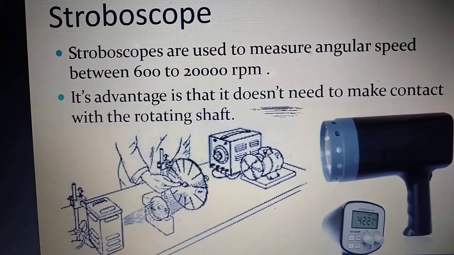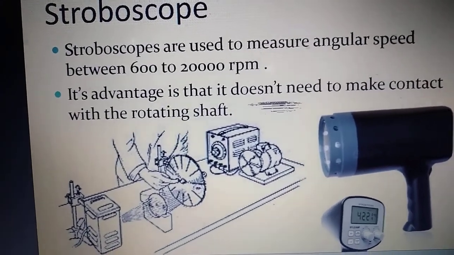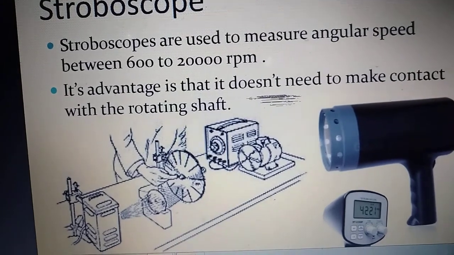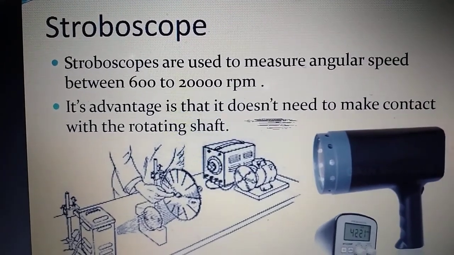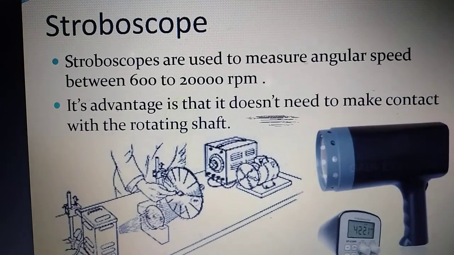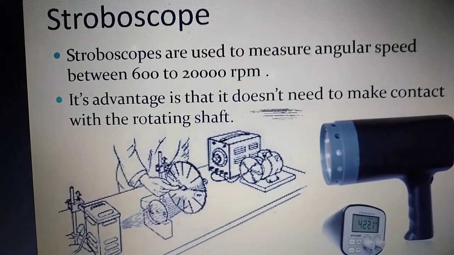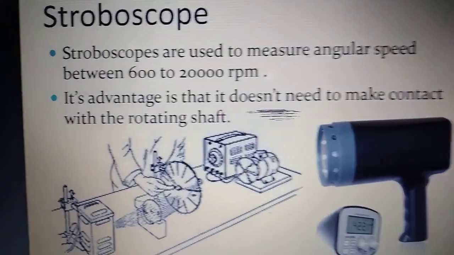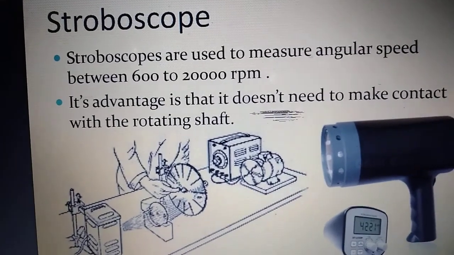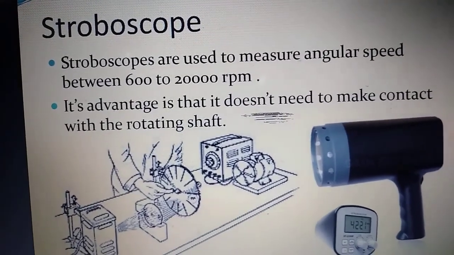It is also called a contactless stroboscope. Its advantage is that it does not need to make contact with the rotating shaft, so without any contact, we can measure the speed of the rotating shaft.